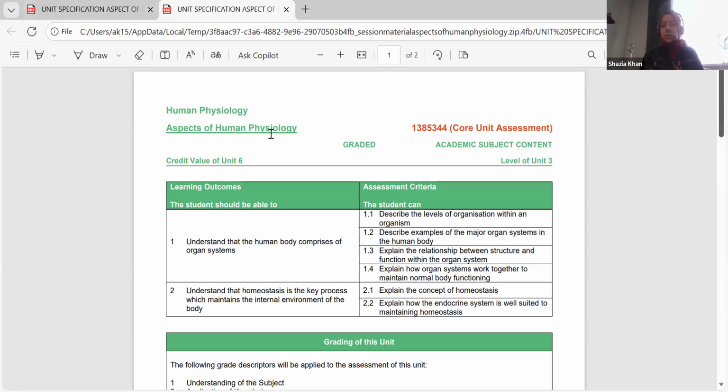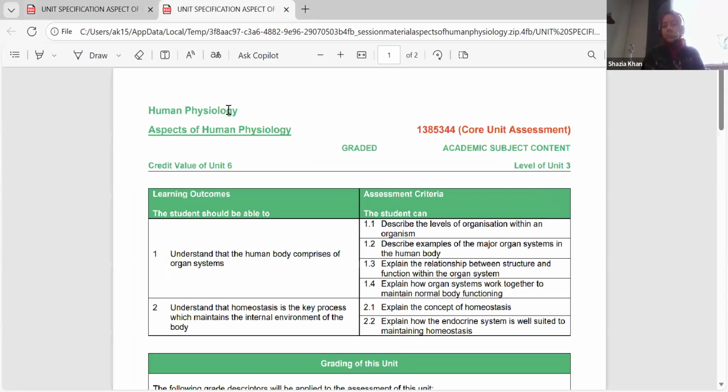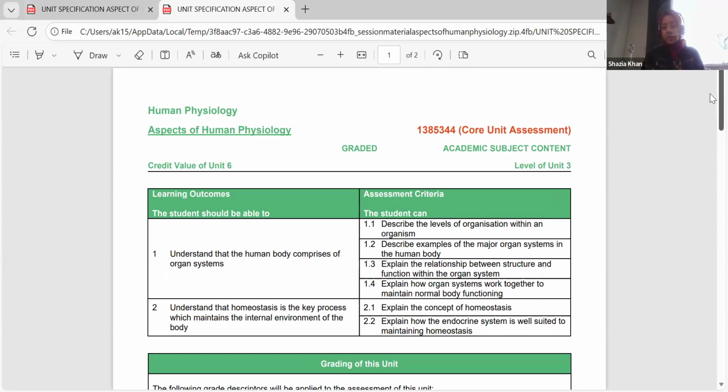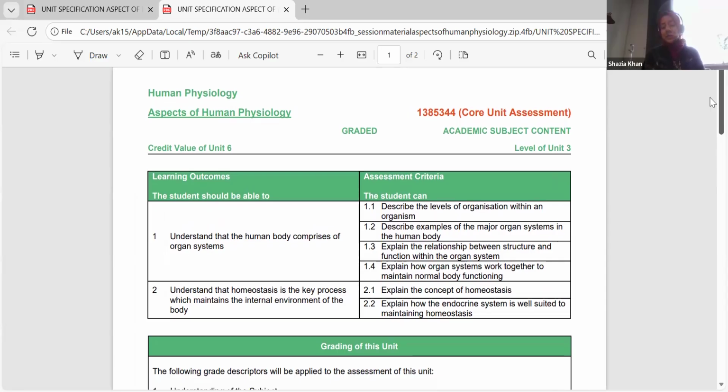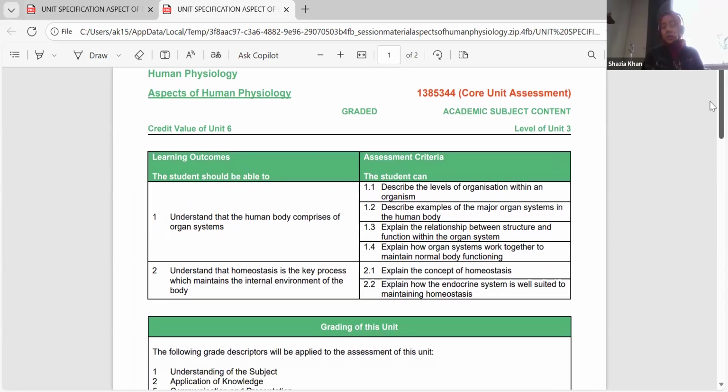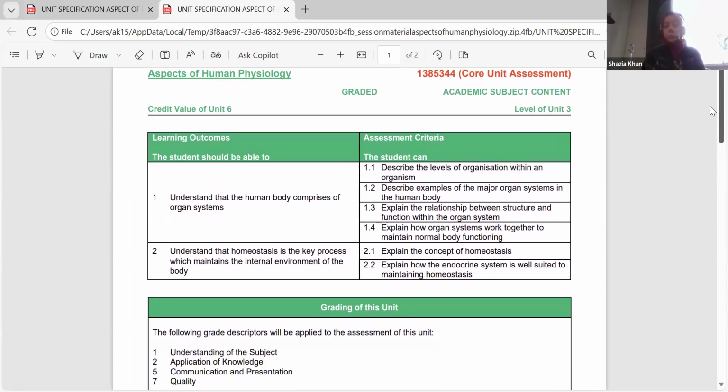This session is human physiology, where we will talk about the aspects of human physiology. It has a credit value of unit 6, it's level 3, and it's a graded unit. There are two learning outcomes in this whole unit.